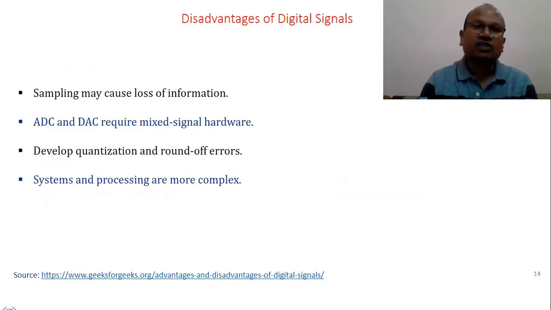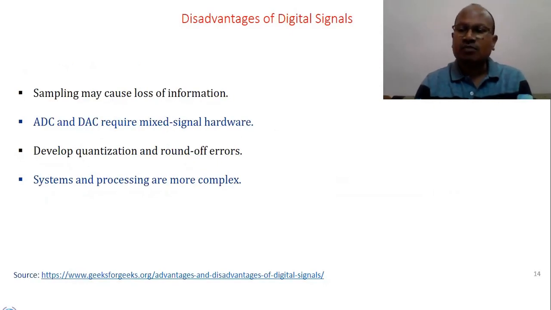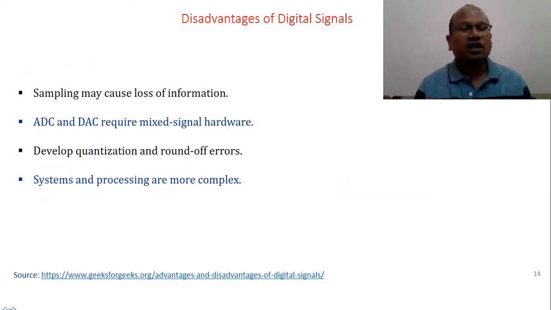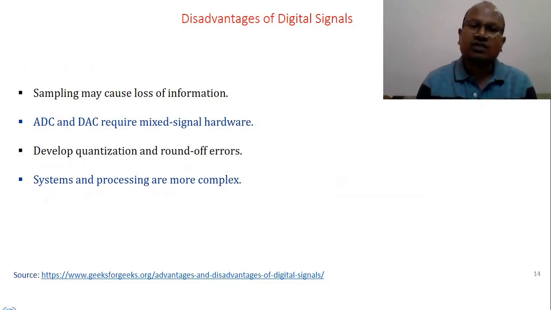than the digital signal. Disadvantages of digital signal: sampling may cause loss of information. In the case of digital, if sampling is not done properly, poor sampling, aliasing and other effects may cause loss of information in digital signal transmission.